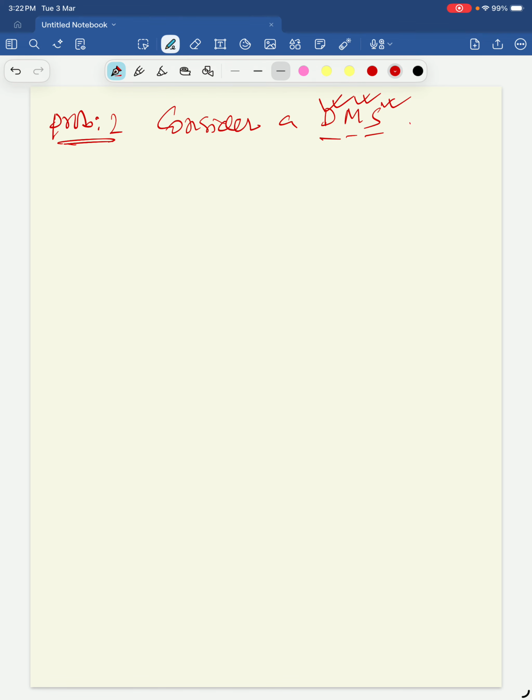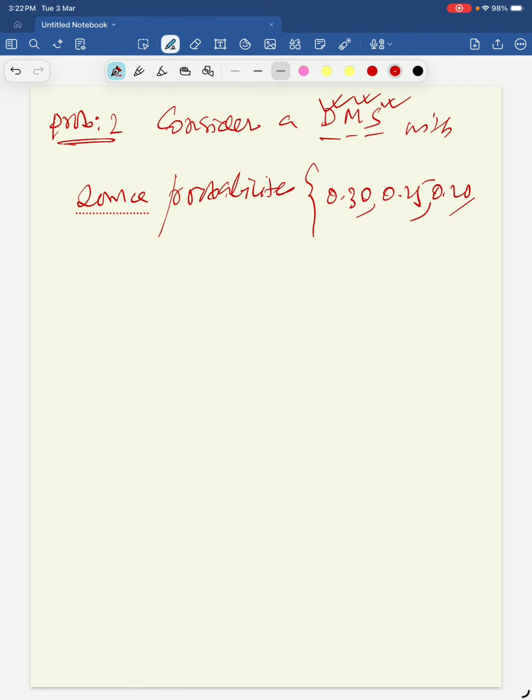With source probabilities, how much? Source probabilities 0.30, 0.25, 0.20, 0.15, 0.10.